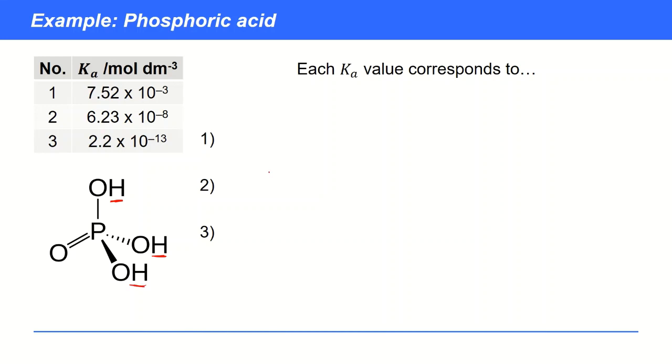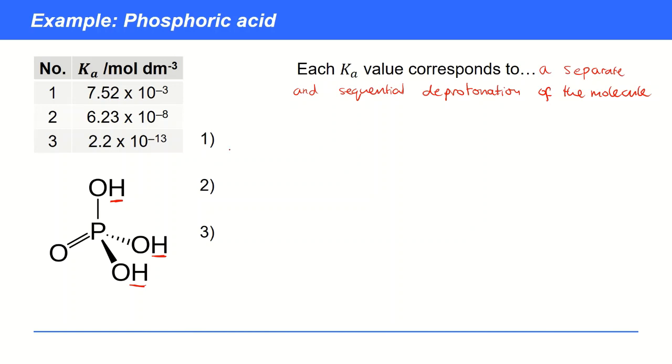Well, the reason for it is because each Ka value corresponds to a separate and sequential deprotonation of the molecule.